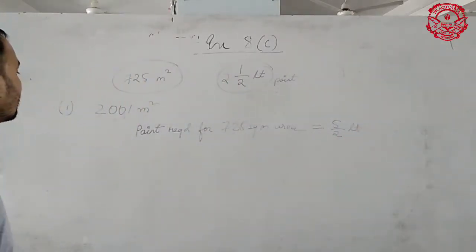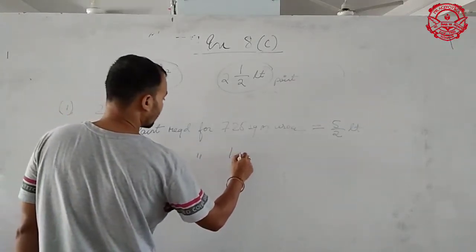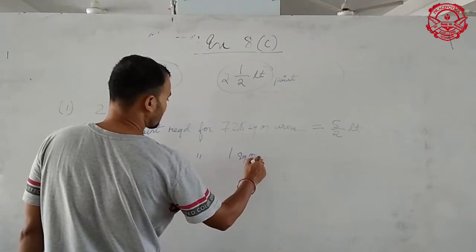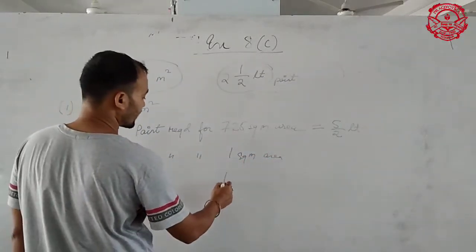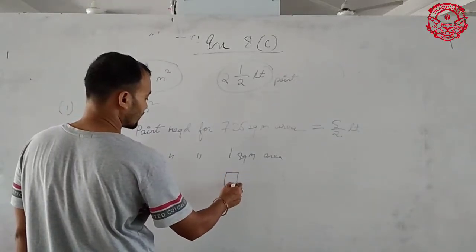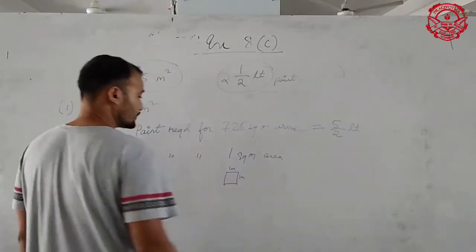5/2 liter. Now, paint required for 1 square meter, or meter square, anything. You know, 1 meter square. Suppose this is a particular book. This is also 1. This is also 1. It is a square. 1 meter. 1 meter. Fine.